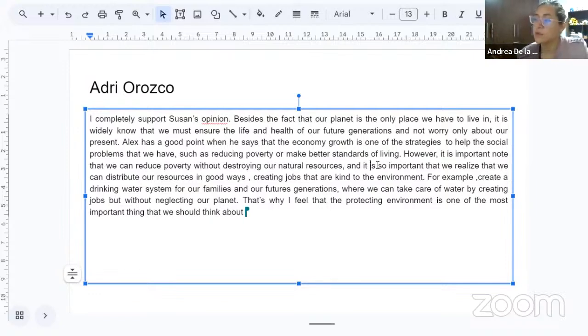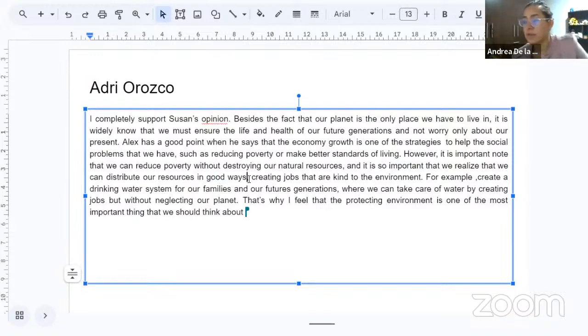Perfect. So what I could tell you maybe for vocabulary, make sure that you guys always have synonyms for the most common adjectives, right? "And it is essential that we realize that we can distribute our resources in healthy ways," maybe, right?